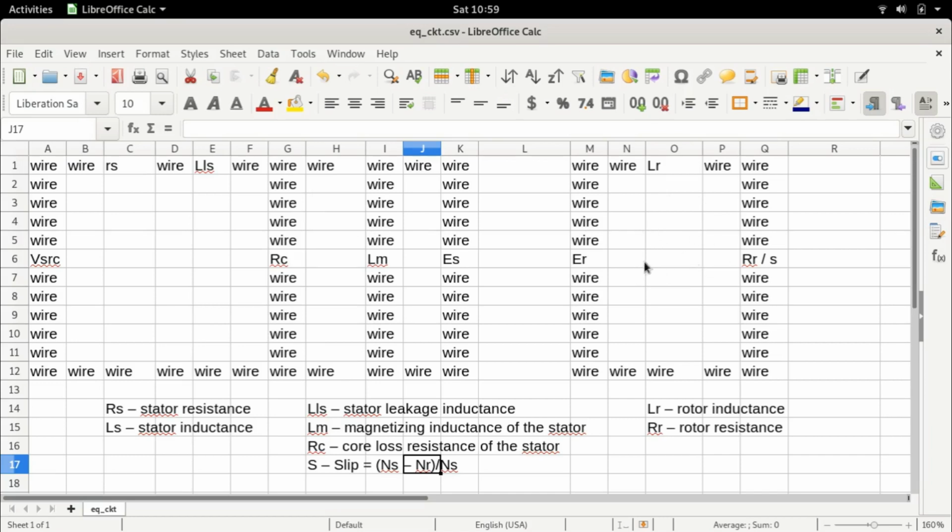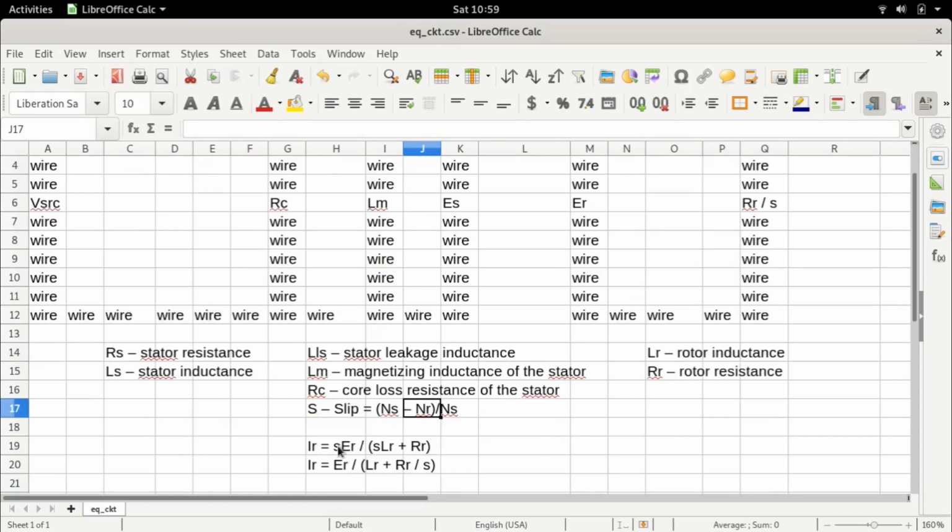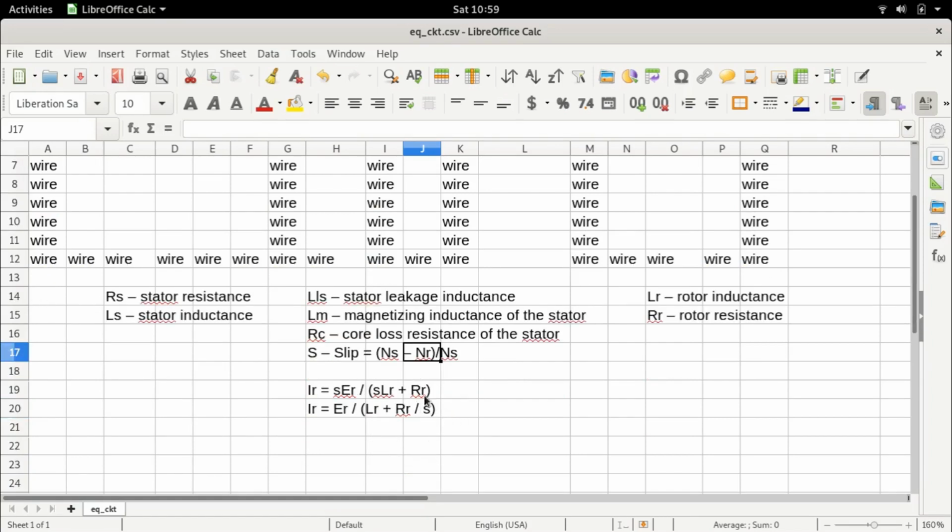But we found that with a little bit of computation, we calculate the rotor current, which is the induced EMF divided by the reactance and the rotor resistance. The rotor resistance initially was independent of slip. But if we divide the numerator and the denominator by slip, we find that the induced EMF and the inductance are now free of slip. But the rotor resistance now gets the slip term.